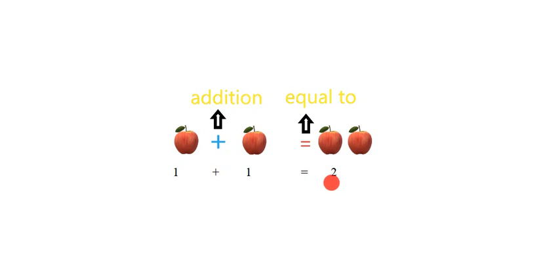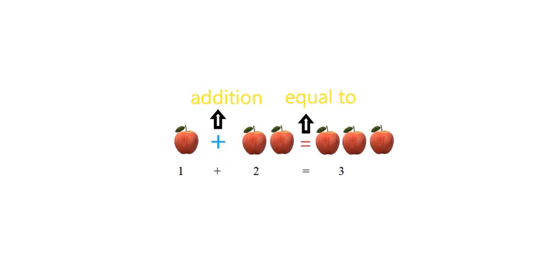So we say that 1 plus 1 equals 2. 1 apple plus 1 apple equals 2 apples. You know that 2 comes after the number 1.